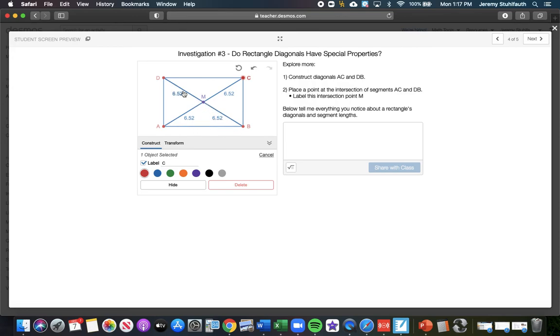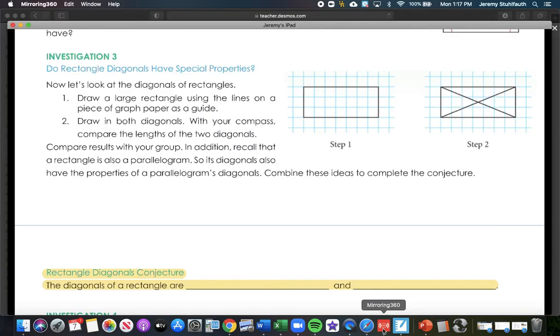Also, you'll notice that the length of DM is equal to the length of MB, which tells you that this diagonal is bisected, because bisected means broken up into two equal pieces. And also, you'll notice that AM is congruent to MC, therefore AC is also bisected. So what that tells us is that the diagonals of a rectangle are 1, congruent, and 2, they bisect each other.